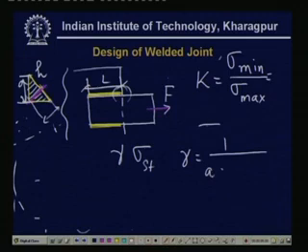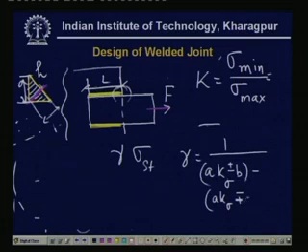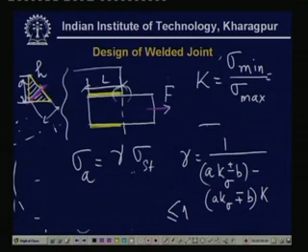There are a few factors, k sigma minus b, with plus or minus depending upon compression or tension, and k is again defined this way. So gamma is definitely less than 1.